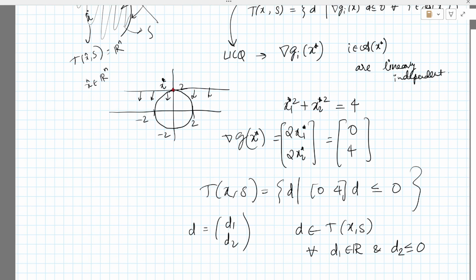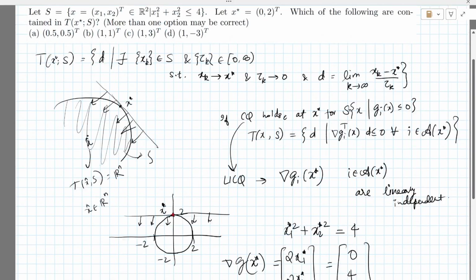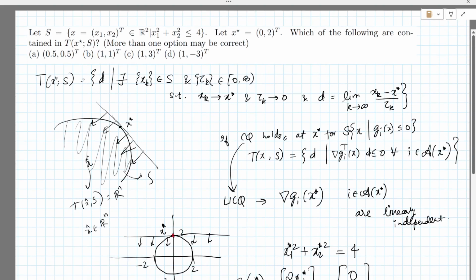If I multiply this, I'll have (0, 4) times (d1, d2), which is 4d2, and if d2 is negative, then this is negative. So I just need d2 to be negative. Only this option satisfies.